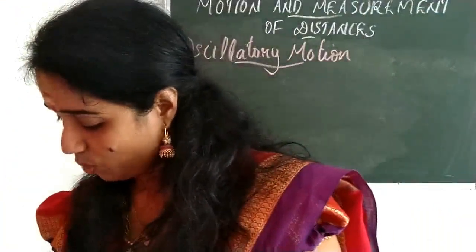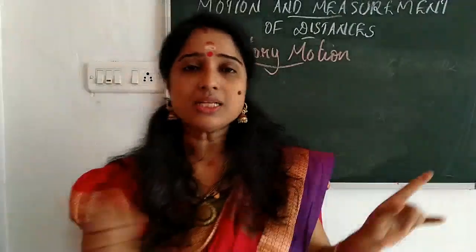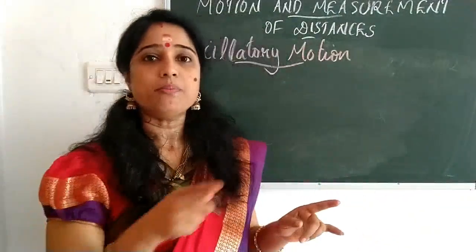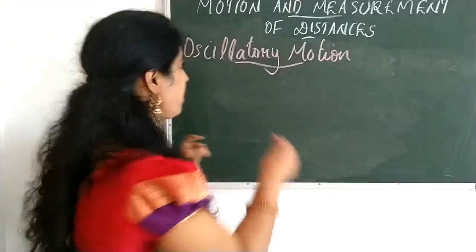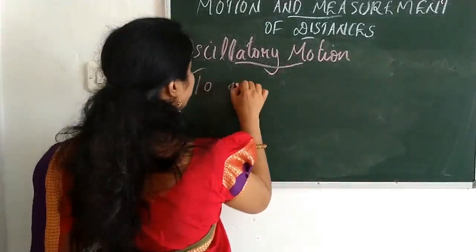So the pendulum of the clock is an example. Have you seen the pendulum of the clock? It's also an example of oscillatory motion, that is to and fro motion.